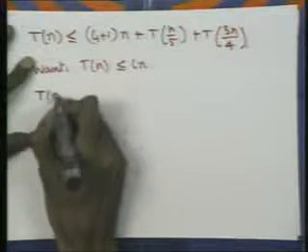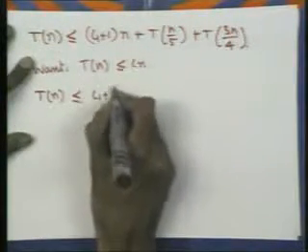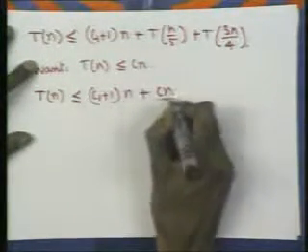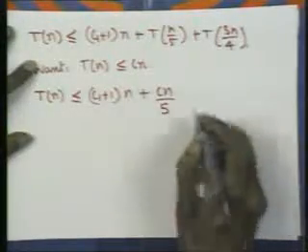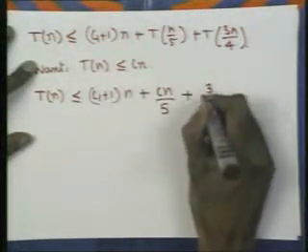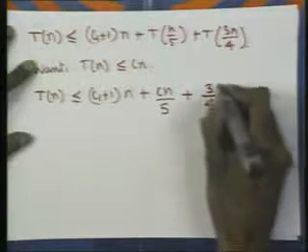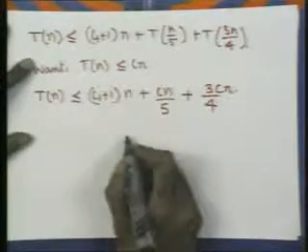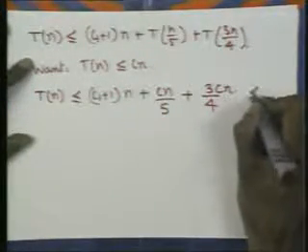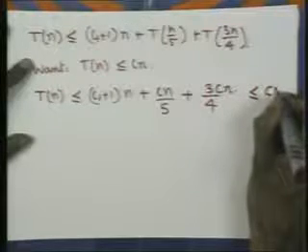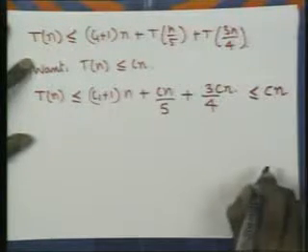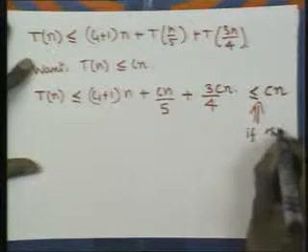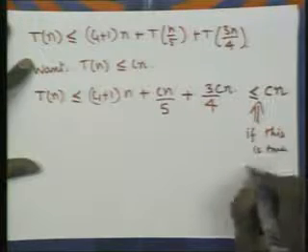I get T(n) less than or equal to (C1 plus 1) n plus Cn by 5, by plugging in Cn, plus 3 by 4 times Cn. Now, if I can find C so that this is less than or equal to Cn, then we are done.